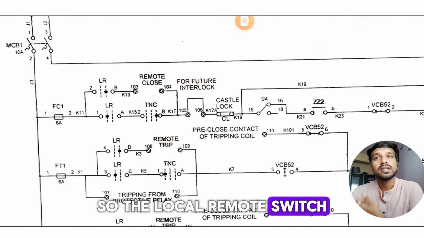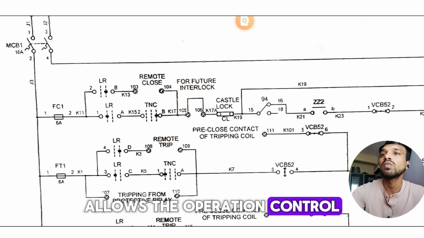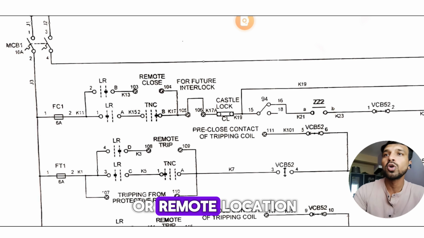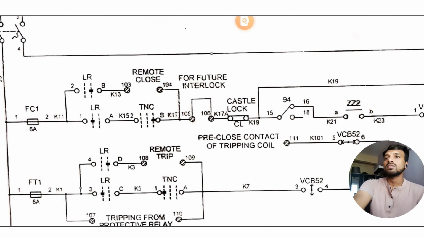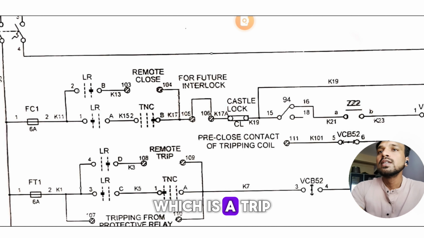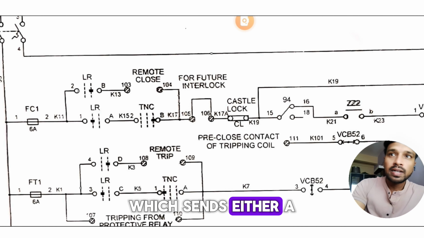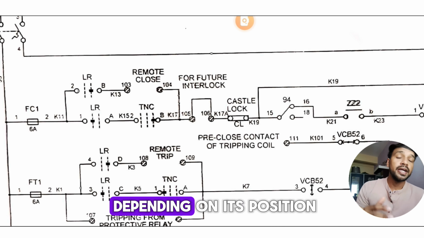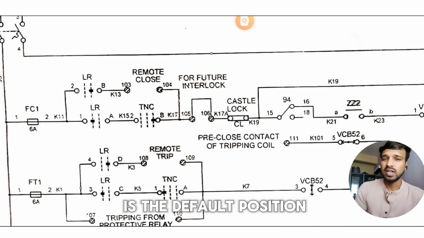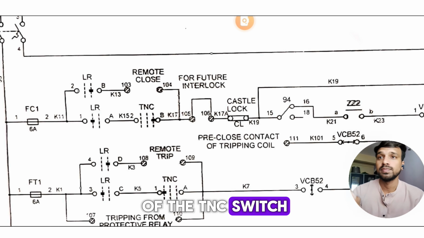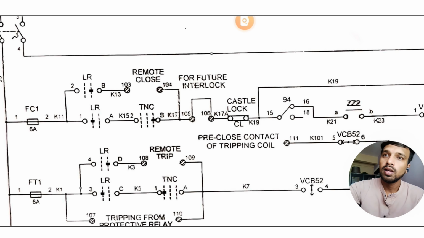The local remote switch allows the operation control from either on-site or a remote location. Then there is the TNC switch, which is a trip neutral close switch, which sends either a trip or close command depending on its position. Neutral is the default position of the TNC switch. Just keep that in mind.